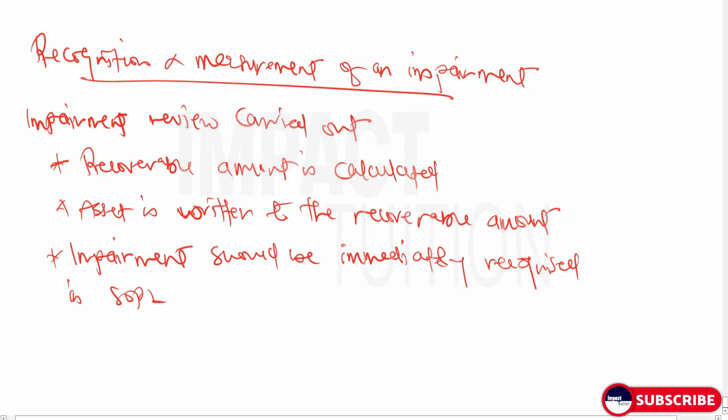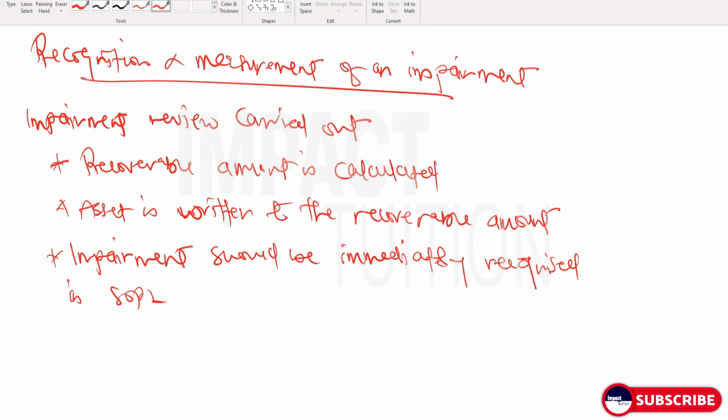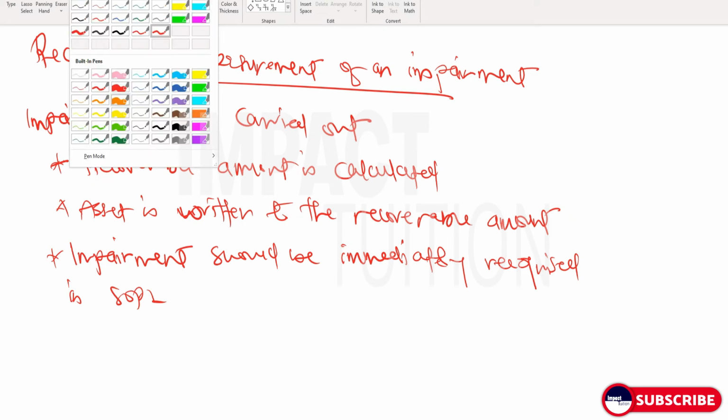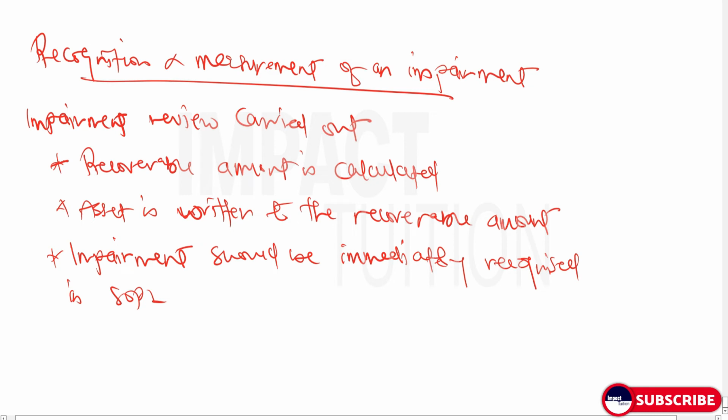There's an exception to this. The only exception to this is if the impairment reverses a previous gain taken to the revaluation surplus.